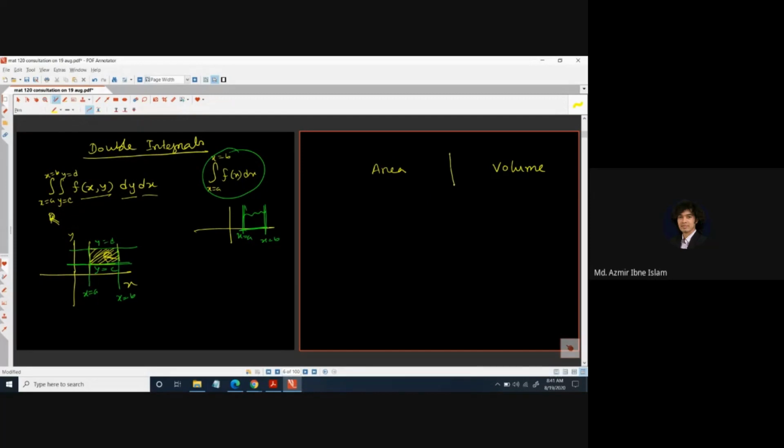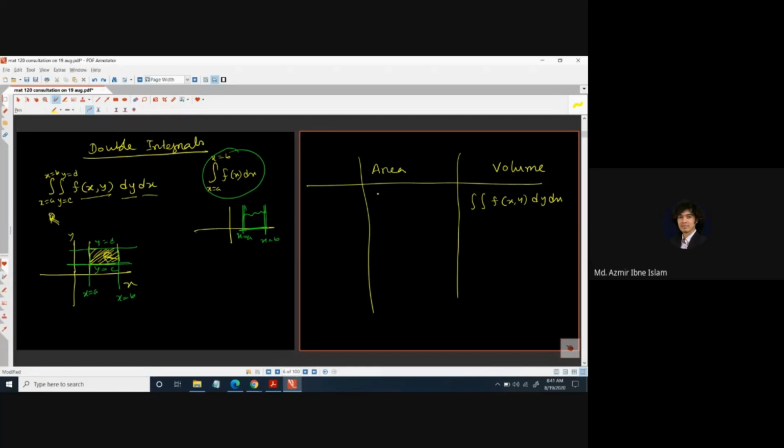So how can we find the area? If we have the double integral of f of x comma y dy dx, let's say f of x comma y is z, then it will actually give you the volume.